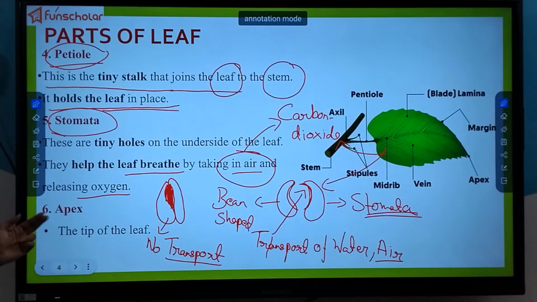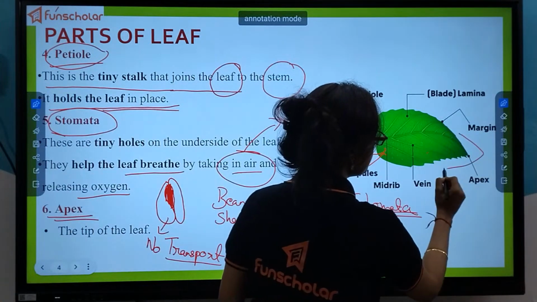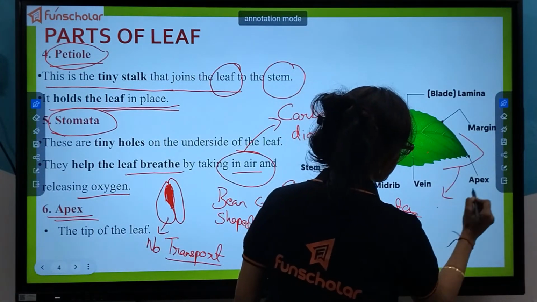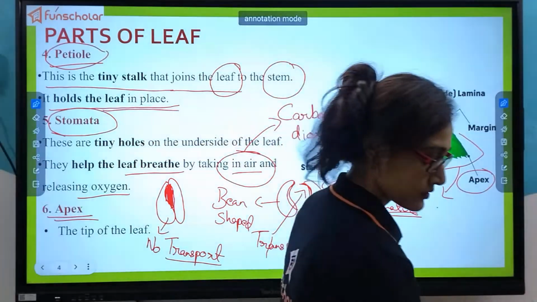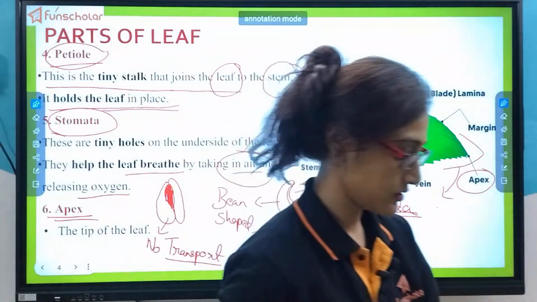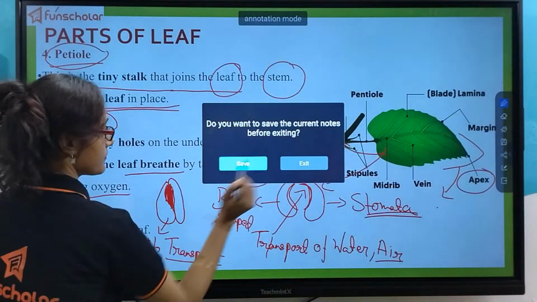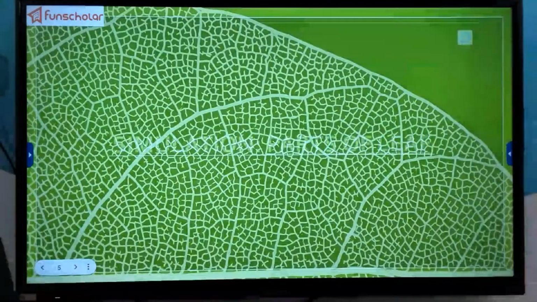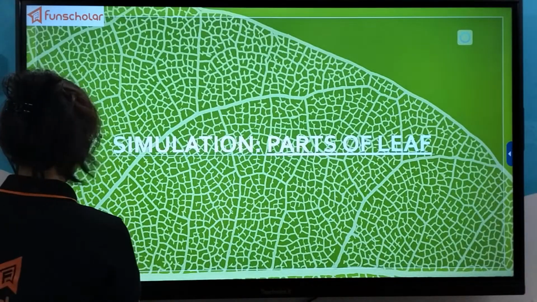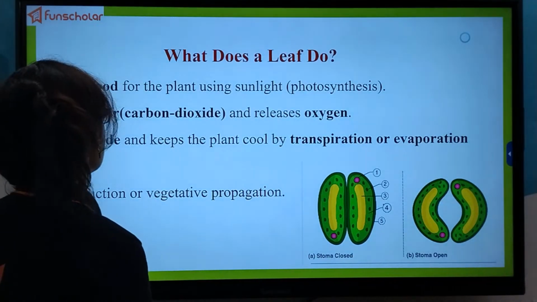Okay. Now apex. Apex I have told you. The tip of the leaf is known as apex. This tip is known as apex. What does a leaf do?